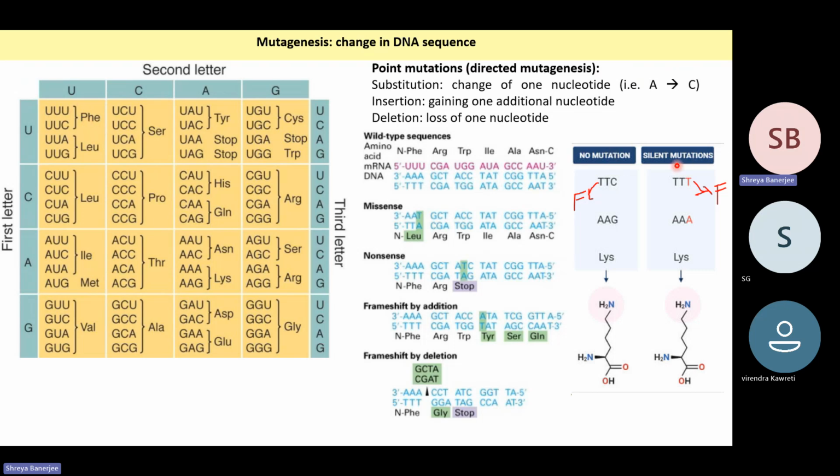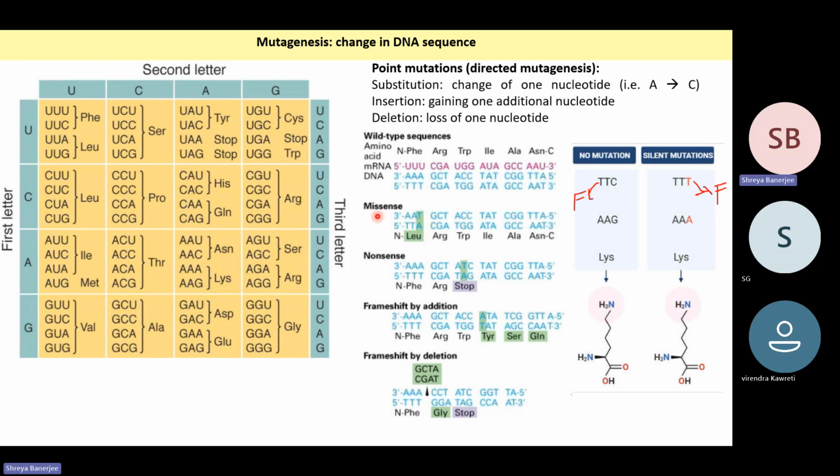So this is called a silent mutation, because even though there is a mutation, there is no effect because it is resulting in the same amino acid sequence. Similarly, if AAG has a mutation to AAA, again, substitution mutation, G is mutated to A, but both are coding for lysine. So this is a silent mutation.